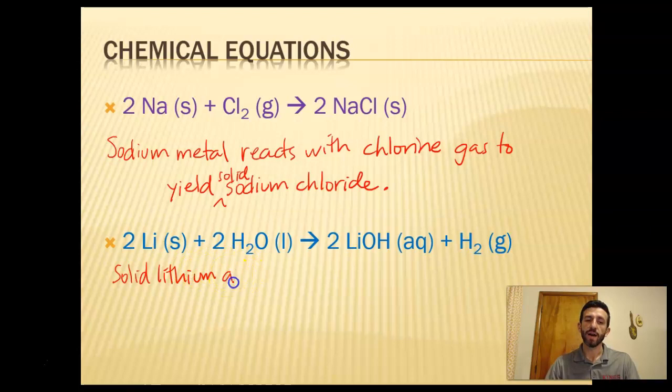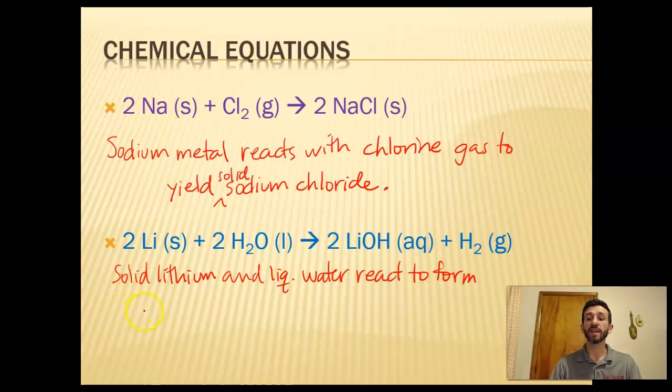Okay. And liquid water, I'm going to abbreviate a little bit. React to form. So what do we form here? Aqueous LiOH. So that's lithium hydroxide. So I could say aqueous lithium hydroxide, or I could say dissolved lithium hydroxide, or a solution of lithium hydroxide.